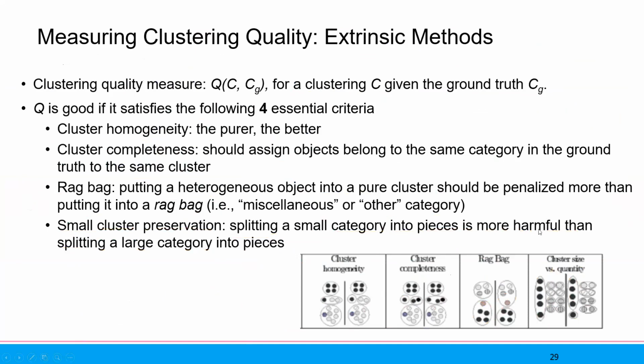So it is not good. If you have a very big category and then you split into small, that is still okay. But if it is already small and you want to make it smaller again, it is not good. So these are the 4 essential criteria for the extrinsic method.